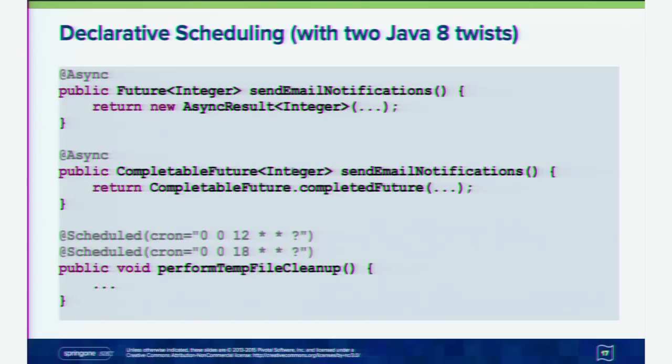The @Scheduled example below is actually also Java 8 specific, because just have a look at the double declaration of @Scheduled here. We are associating two cron triggers with this single method. In pre-Java 8 rules, that wasn't actually possible. You could not declare the same annotation type twice on the same artifact, on the same member.